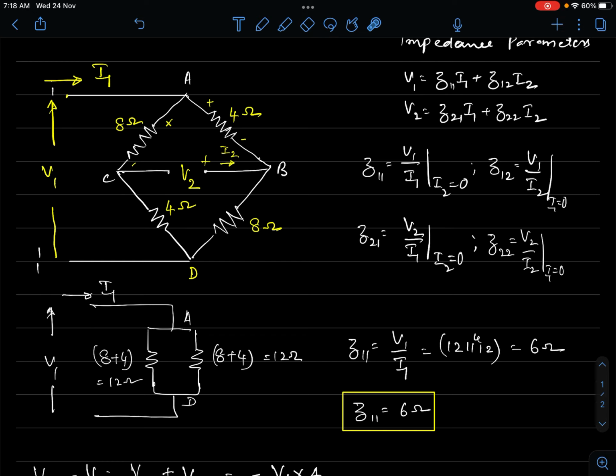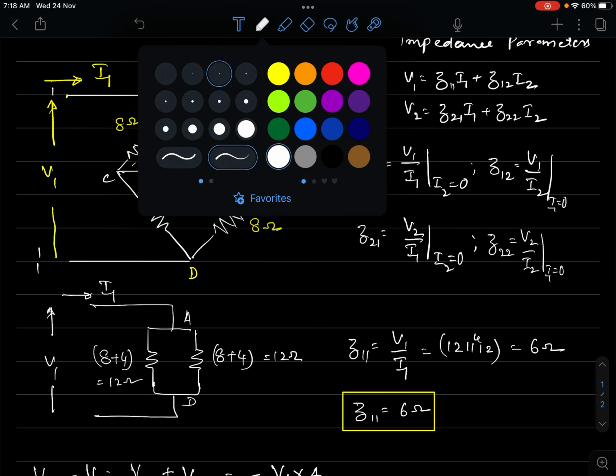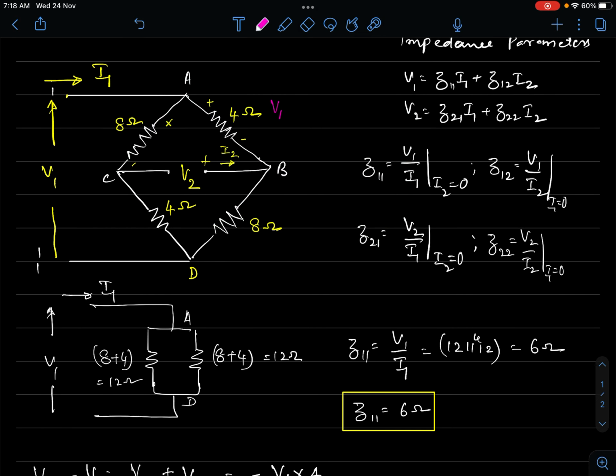The voltage division rule says, if I have to find out the potential difference across 4 ohm, it is the total voltage appearing across the series combination, V1, times this resistance 4, divided by the sum of the two. Okay, so here the potential difference, I will use a different color. This is a very fundamental thing. VAB is 4 into V1 divided by the sum of the two, that is 12.